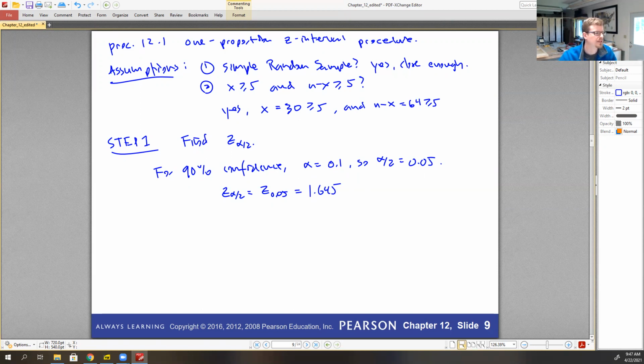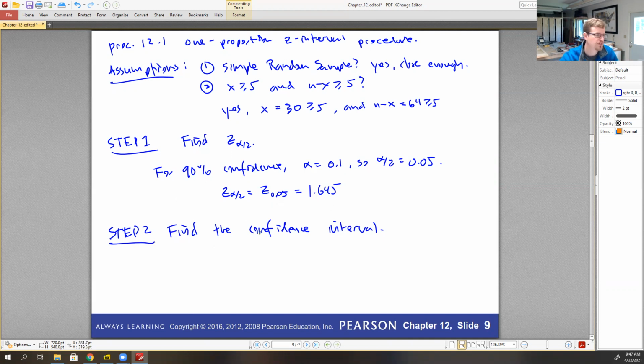All right, so I'm going to begin step 2 on this page. Step 2 is for us to actually find the confidence interval, and then we're going to interpret it within the context of the problem as our final step.